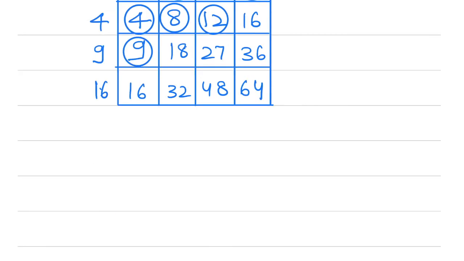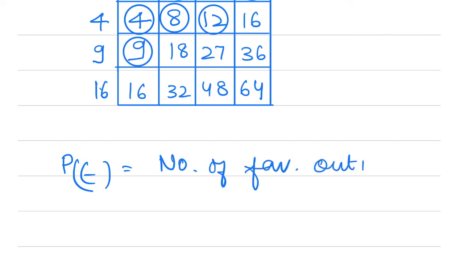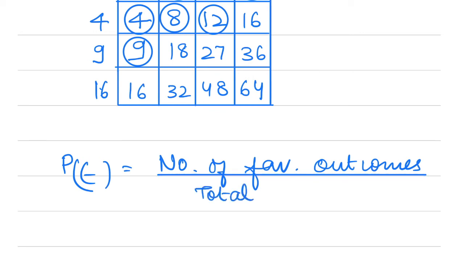So that's all. Probability of event is equal to number of favorable outcomes by total number of outcomes.